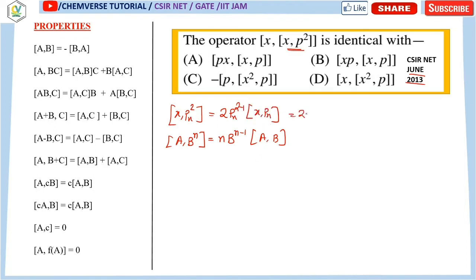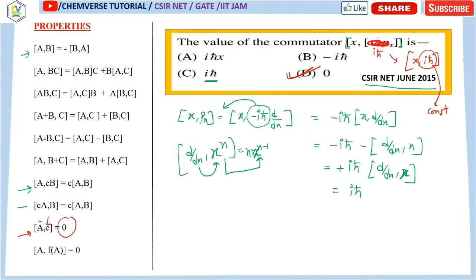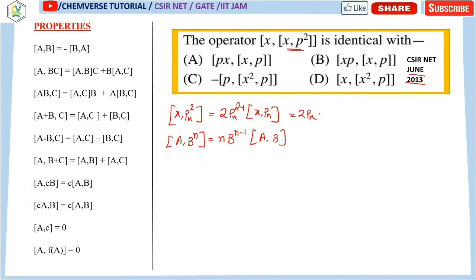Now it will be 2 px, and the value of the commutator of x and px I have already discussed. It is nothing but i h cross, so I am putting it over here. So it is nothing but 2 i h cross px. Now this is the value of this one, so instead of this you can write 2 i h cross px.